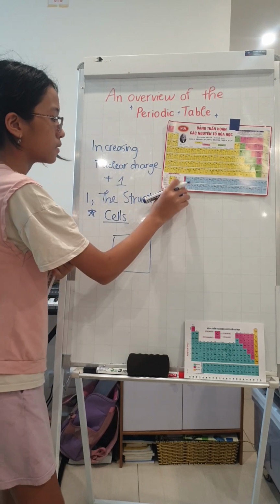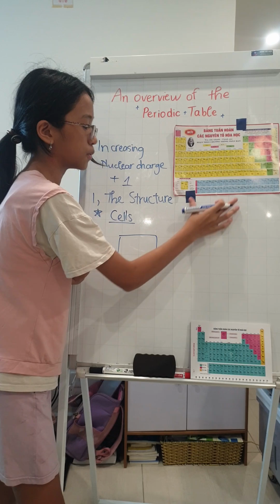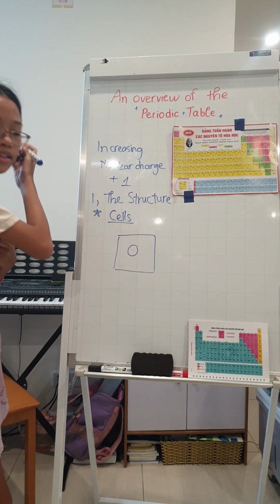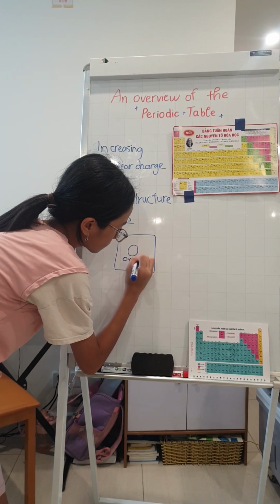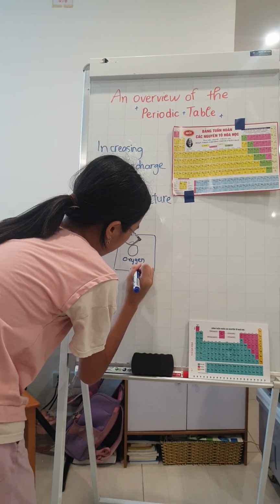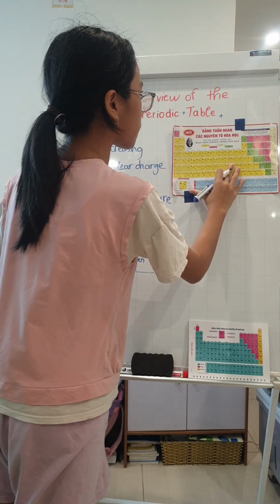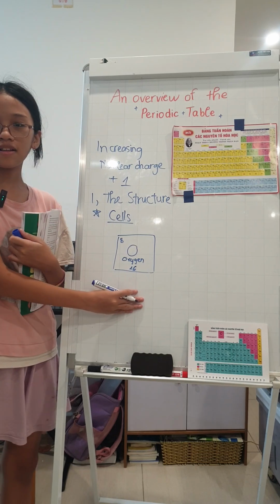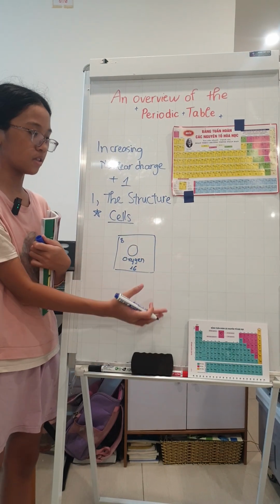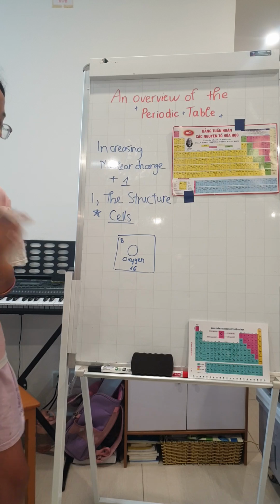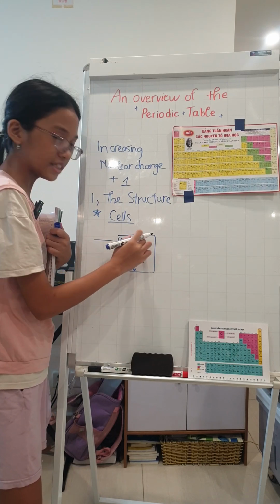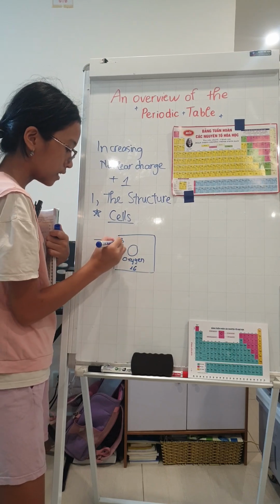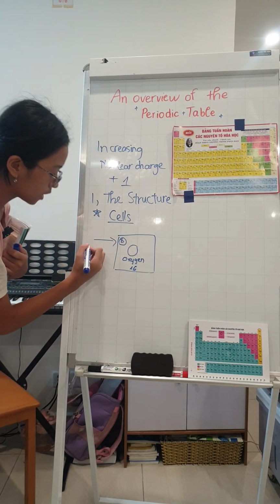I'm going to give you an example, since this is a little too small here. We have the elemental cell of oxygen. This is what a cell looks like in common images of the periodic table, which you can search online. This cell provides information about the chemical element oxygen. This is the atomic number.